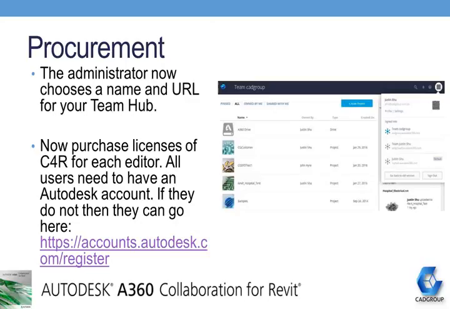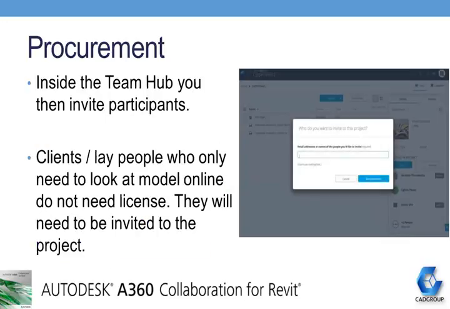There's a hyperlink that I've put there, and you can just look it up with a Google search. Once that person has an account, you purchase a subscription. You go into the account center and say, right, user X has access to C4R. Then you have to send out an invite to that person inside the C4R team hub.